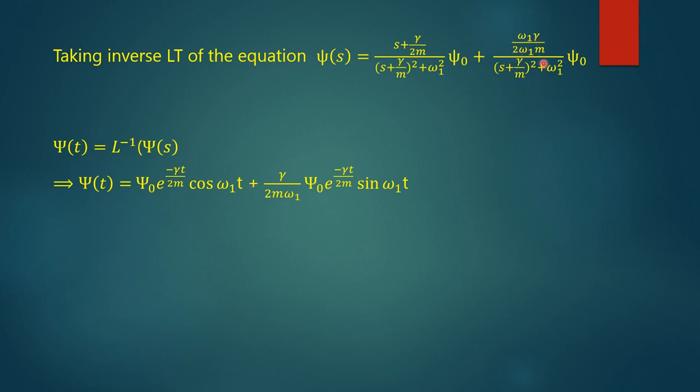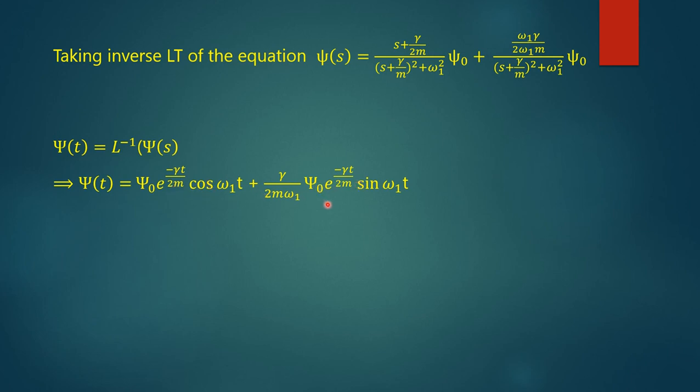We have the formula that omega 1 over s plus gamma by m the whole square plus omega 1 square is equal to e to the power minus gamma t by 2m into sin omega 1 t, and outside the term, gamma by twice m omega 1 into psi 0 e to the power minus gamma t by 2m sin omega 1 t. This is the solution of the equation psi t.